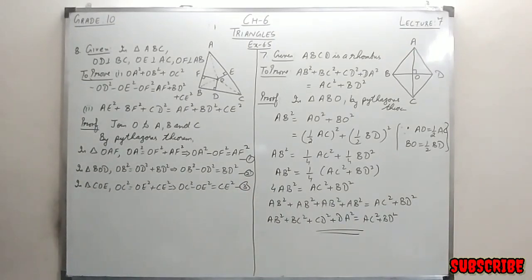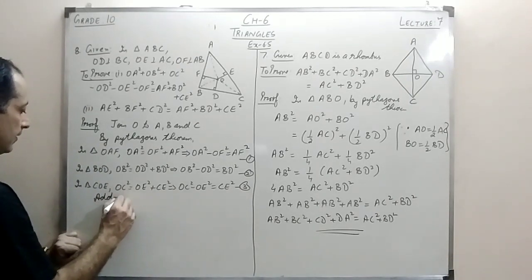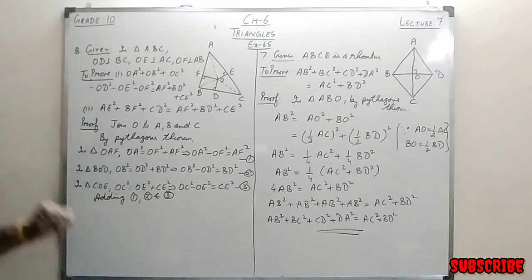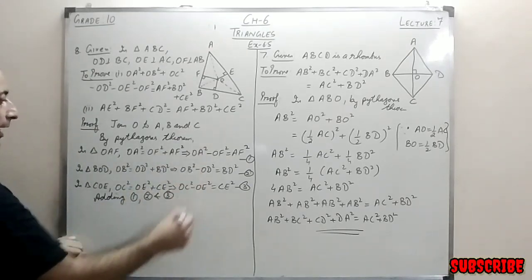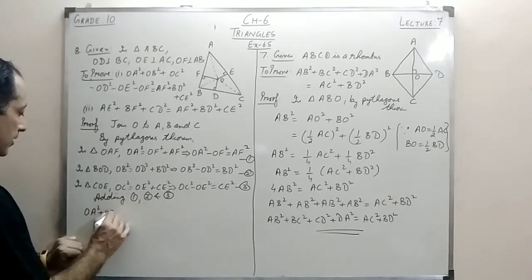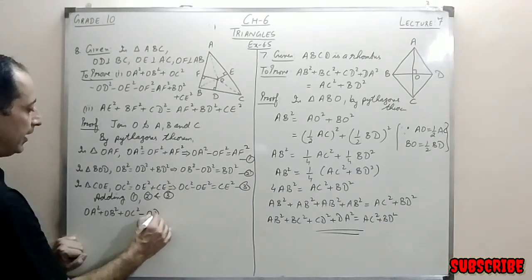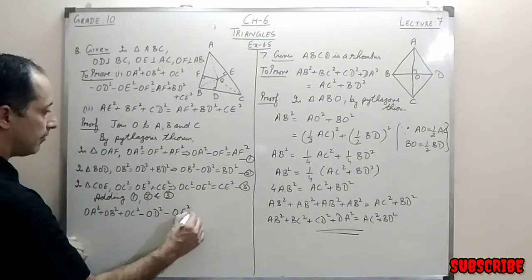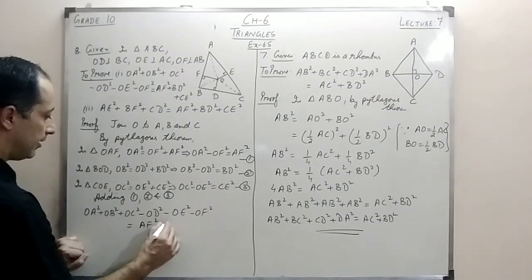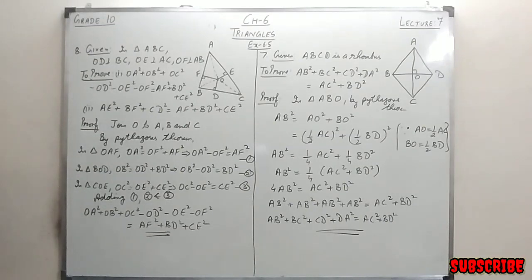Now if I add the first, second and third equations, adding 1, 2 and 3 and arranging them properly, I get OA square plus OB square plus OC square minus OD square minus OE square minus OF square on the left side, and on the right side I get AF square plus BD square plus CE square. So this is the proof of the first part of this question.